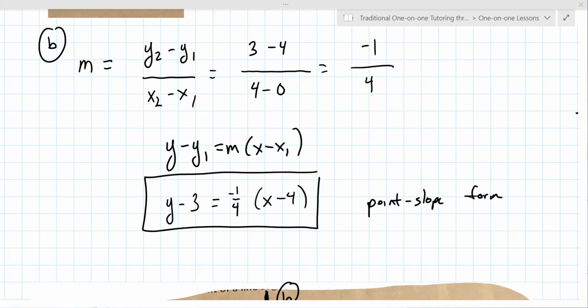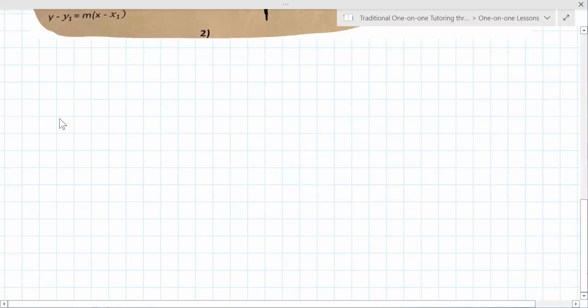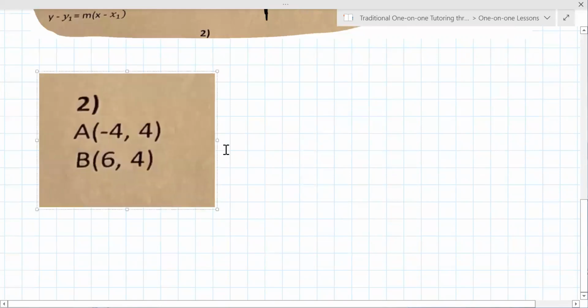All right, so part A of question number 2 is to find the midpoint. So here are the 2 points: x1, y1, x2, y2, right? The midpoint formula is given there.